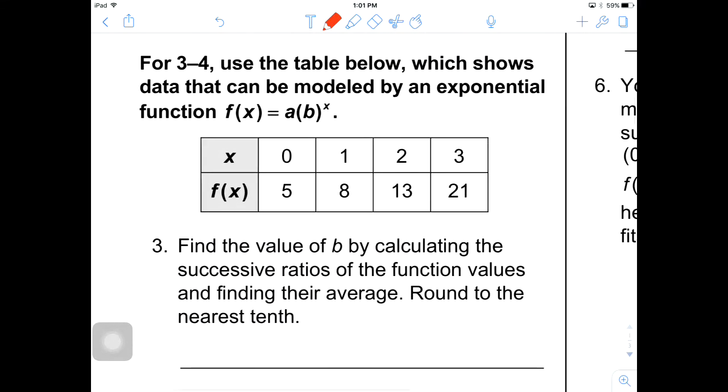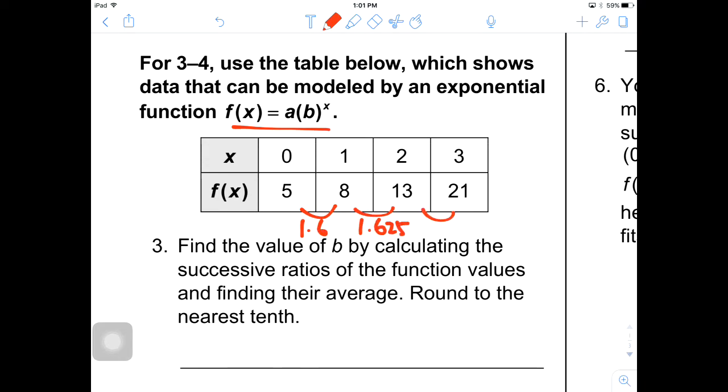Numbers 3 and 4, use the table below, which shows data that can be modeled by an exponential function. Here's the general equation for the exponential function. Once again, we're looking at this table. To find the ratios, the first ratio is 8 divided by 5, which gives you exactly 1.6. The second one is about 1.625.